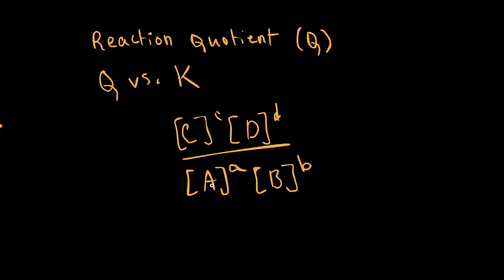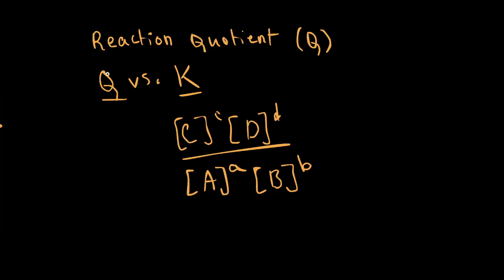So these are the concentrations or pressures at equilibrium. But for Q, we will be using the current concentrations. So if you want to think of it like a syllogism, well then all equilibrium constants are reaction quotients, but not all reaction quotients are equilibrium constants. Hopefully that makes sense, you can understand the relation here.